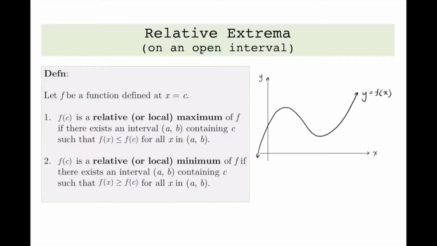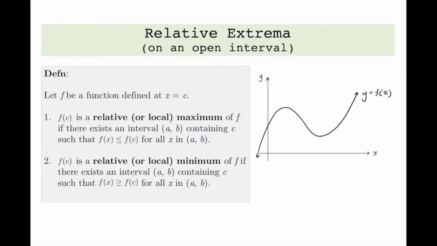First, let's define what a relative extreme value is. When we use the word extrema or extreme values, that's just a word that we can use to talk about maximum and minimum values. These are the points that are the highest or the lowest, or they're at extremes.